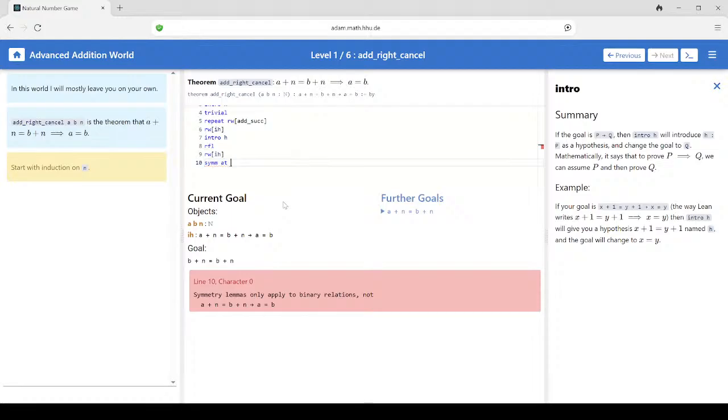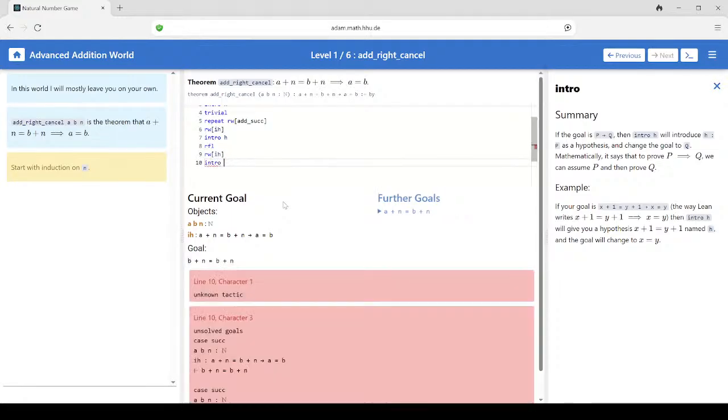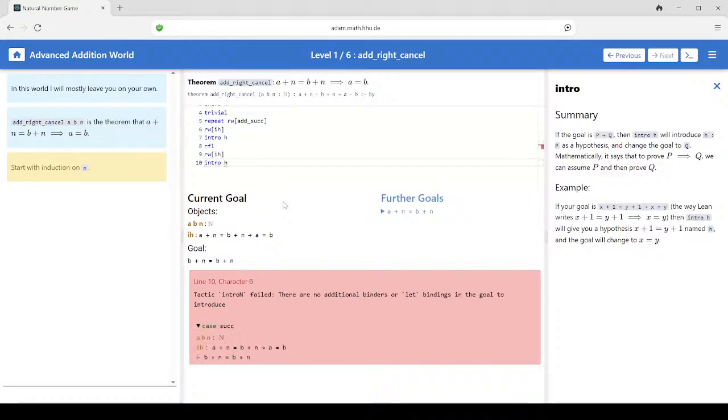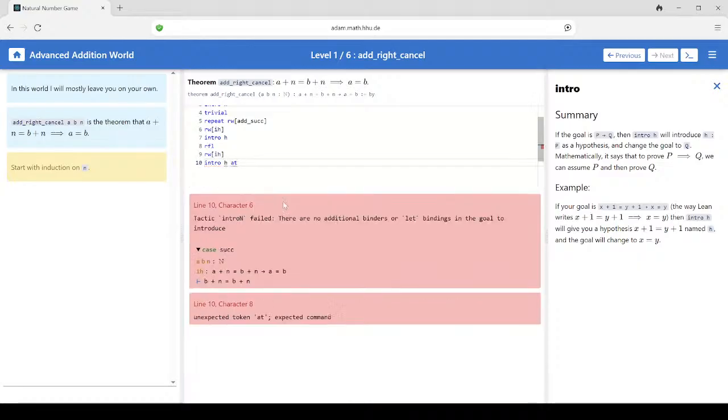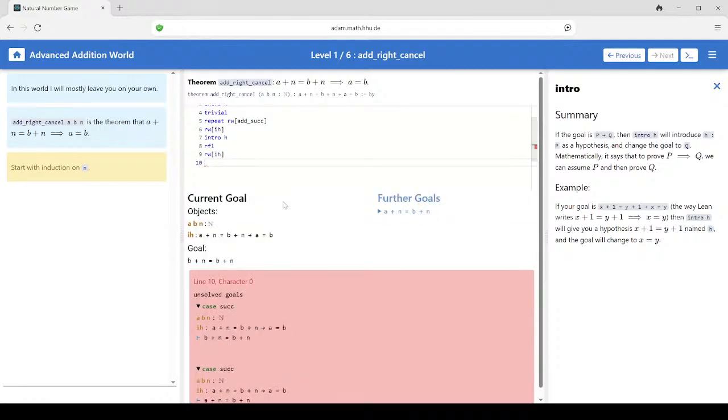That doesn't work. That doesn't work. Wait. No, that failed already. No, that doesn't work.